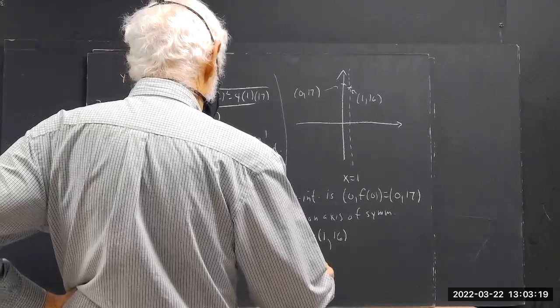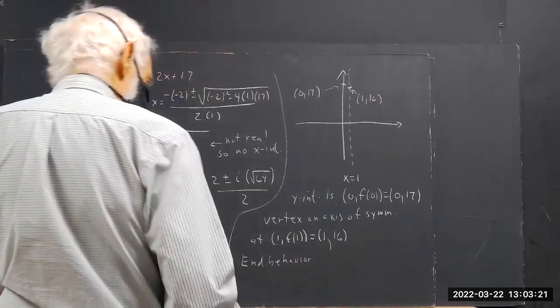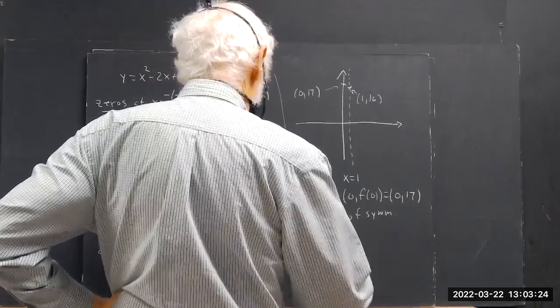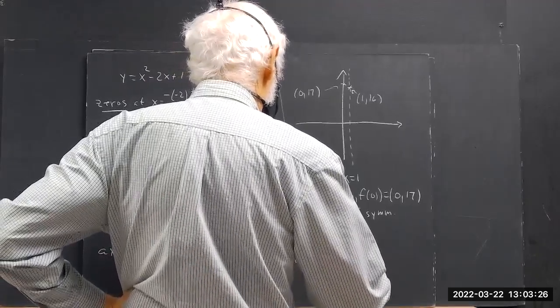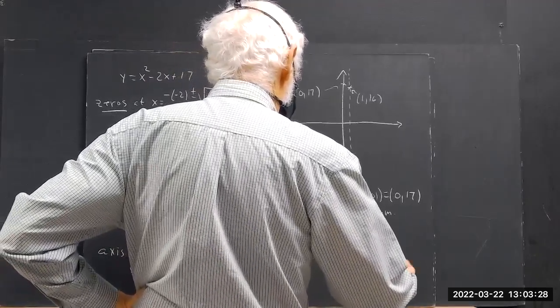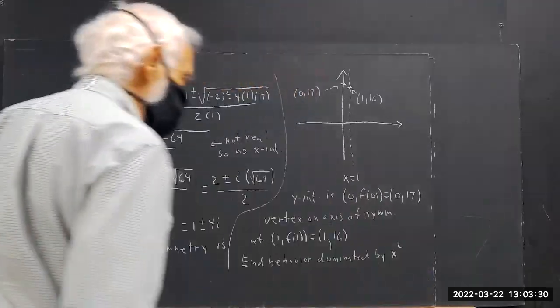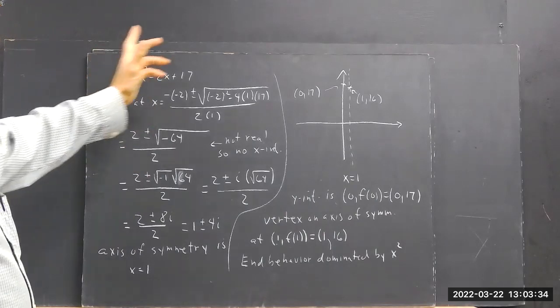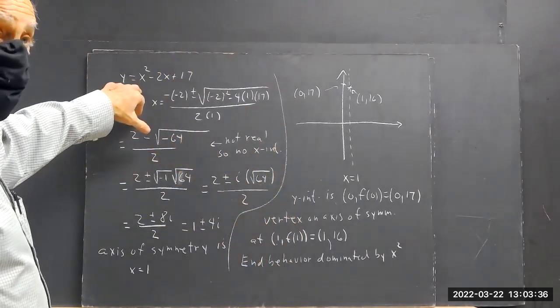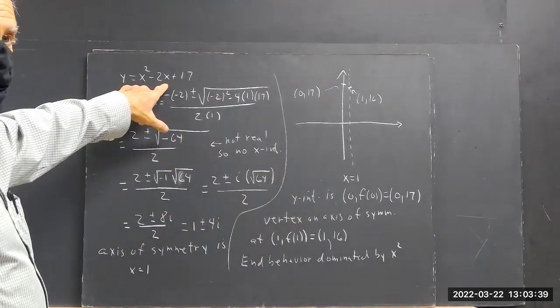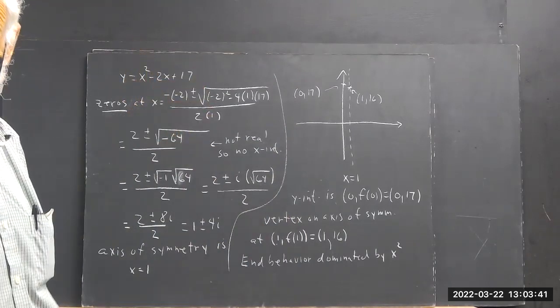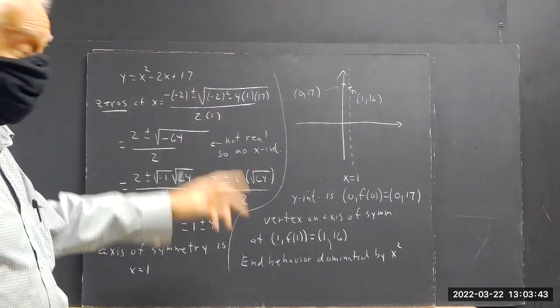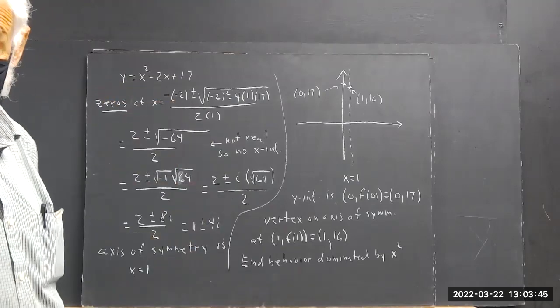Another way to look at the end behavior: it's dominated by x squared, the highest power term. Because when x gets really big, x squared gets humongous. Negative 2x just stays big. If you do a big and a humongous, humongous wins.